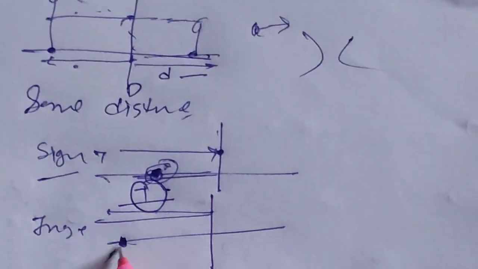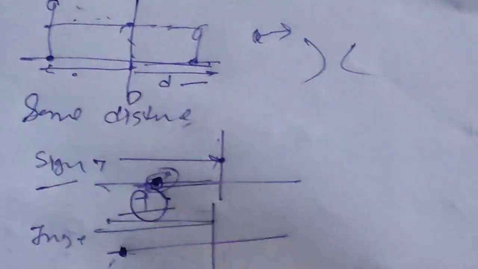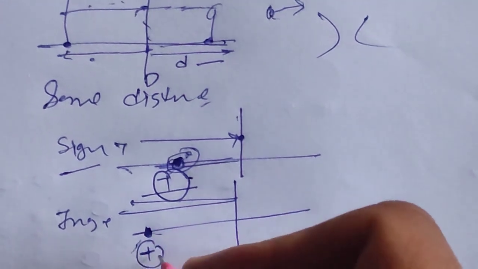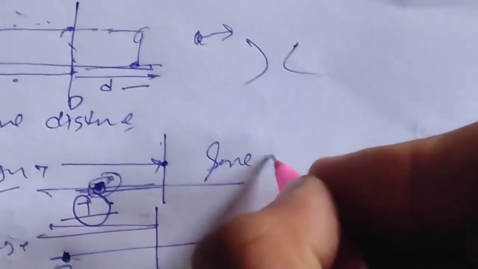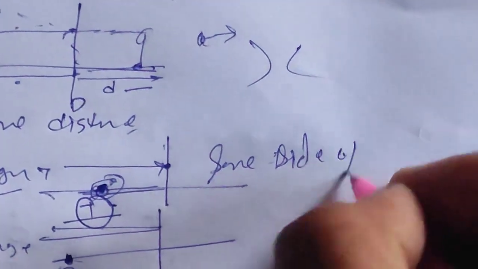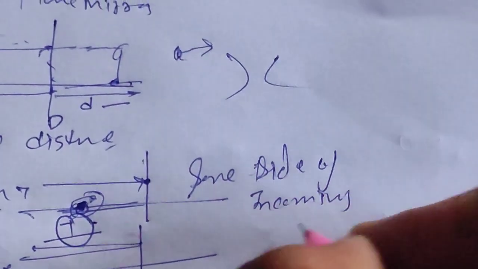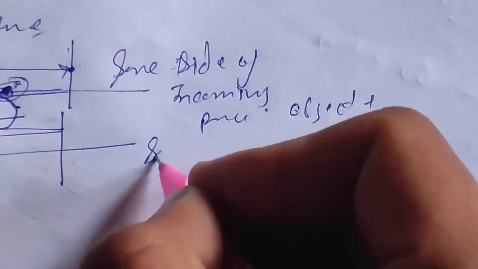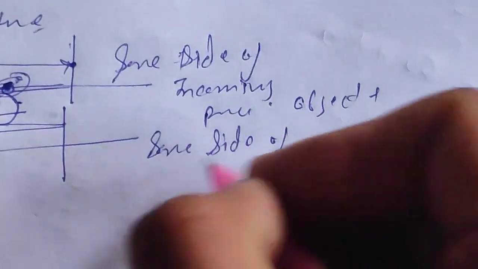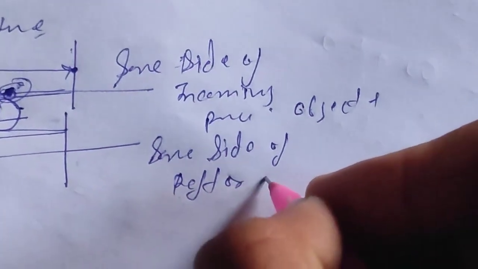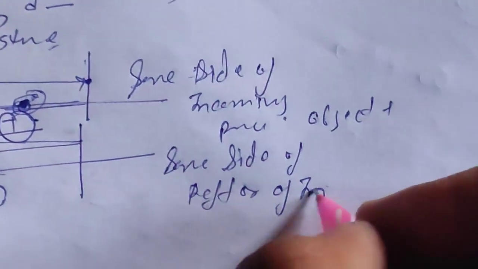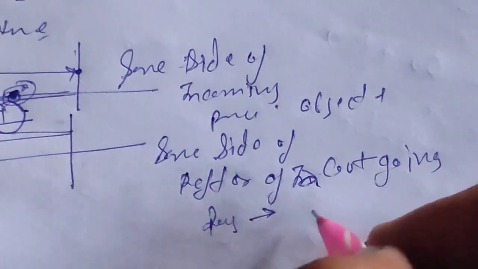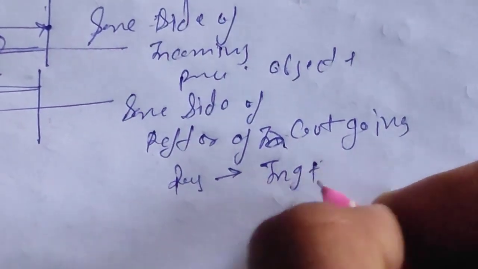If the image is on the same side as the outgoing light from the reflecting surface, in that case the image is positive. So the object is positive on the same side as the incoming ray, and the image is positive on the same side as the outgoing ray, otherwise negative.